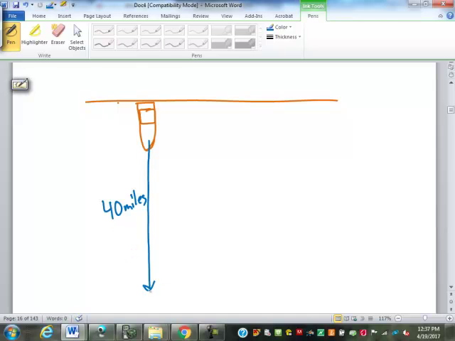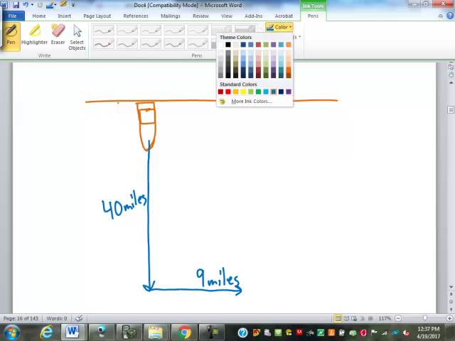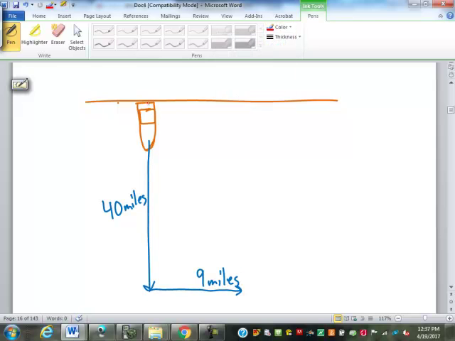And then turns and heads due east, another 9 miles. We want to know how far is Mike away from the dock. This is the dock, of course. And at what angle? Now, the angle we're going to ask for is this angle right here.